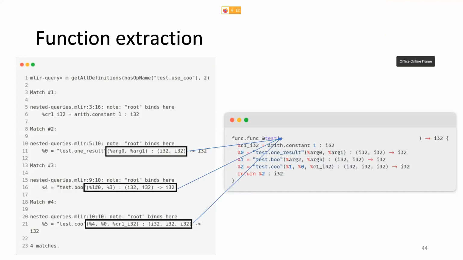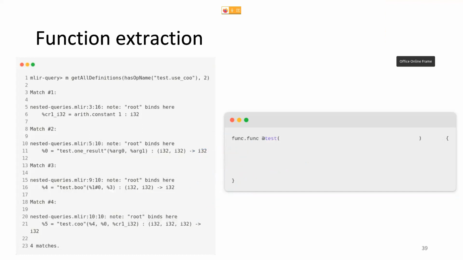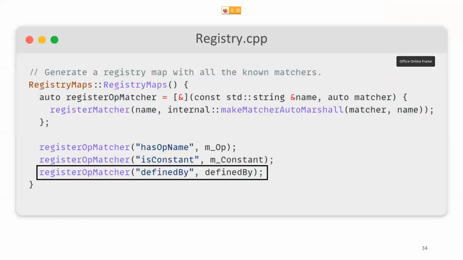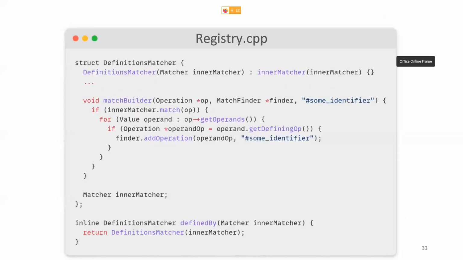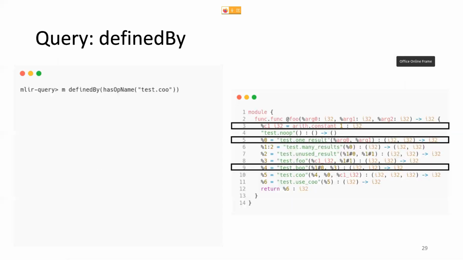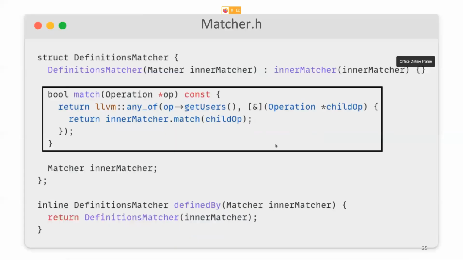No, I think it can be useful for normal matches as well. We have something similar to the get-definitions matcher, which does a recursive matcher already existing in MLIR matchers.